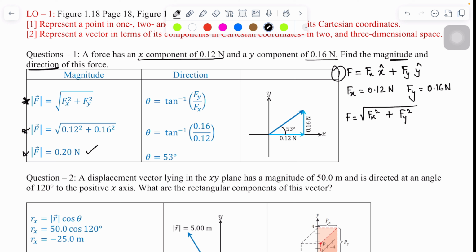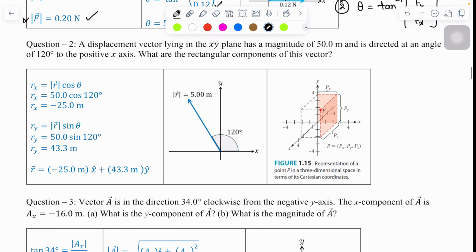For the direction, theta is equal to tangent inverse, what I told you, y-axis divided by x-axis. So just place the value Fy over Fx. You have Fy, you have Fx, and your angle is 53 degree. Is it fine?